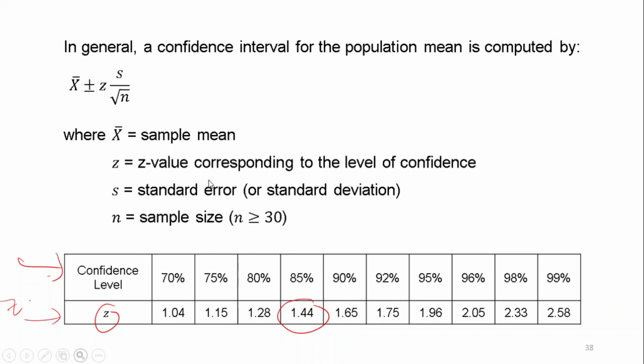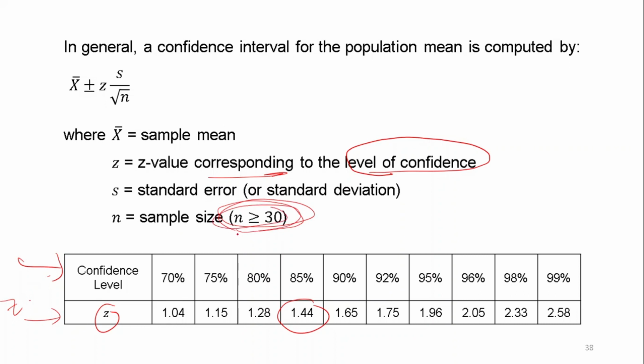In general, a confidence interval for the population mean is computed as X bar plus minus Z times S divided by root n. X bar is our sample mean, and Z is the Z value corresponding to the level of confidence. So the Z value depends on the level of confidence, and each level of confidence has a different Z value. S is the standard deviation, and n is the sample size, greater than 30.